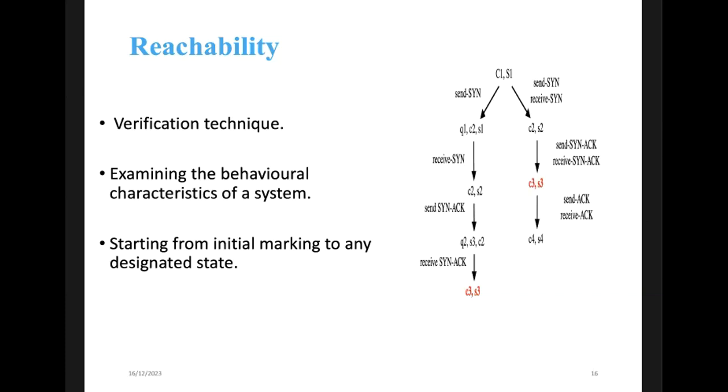So this capability is essential for examining the behavior characteristics of any system. Essentially, reachability concerns the system's capability to transition from its initial marking to any desired state. The figure presents the reachability graph for a CSA-Net model illustrating the three-way handshake between client and server, showing all potential actions progressing between client and server.